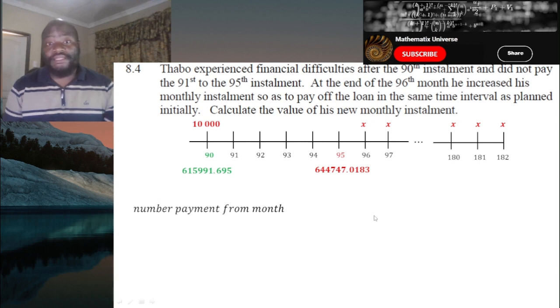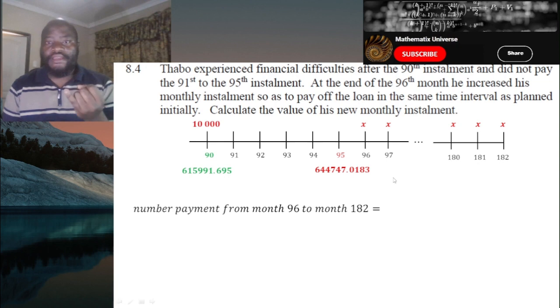So let's now find out what the number of months will be. The number of months will be 182 up until here. So the quick formula is to say 182 minus 96 plus 1. Almost like that formula we use with sigma notation, where we take the top minus the bottom and add 1. But if you don't understand that, you can actually count how many payments we're going to pay until the 100th one.